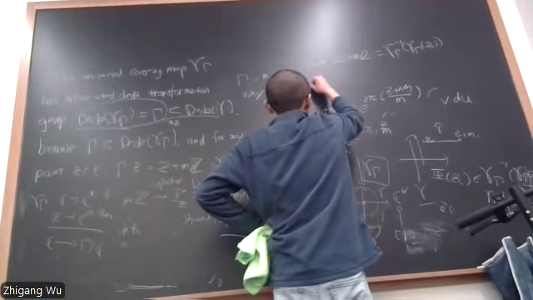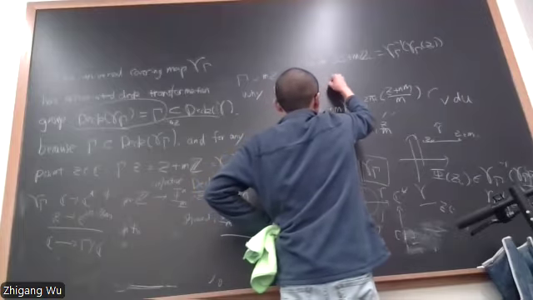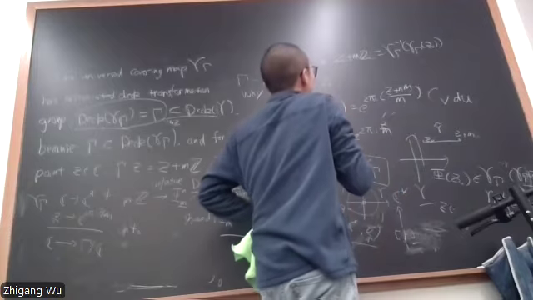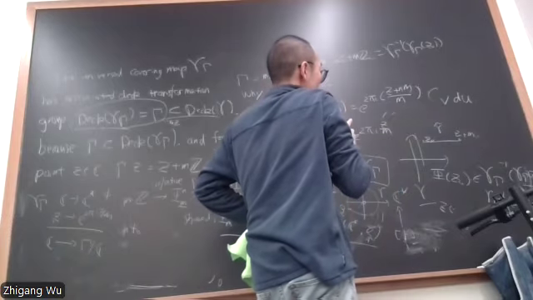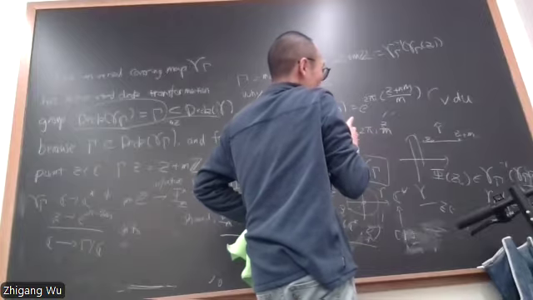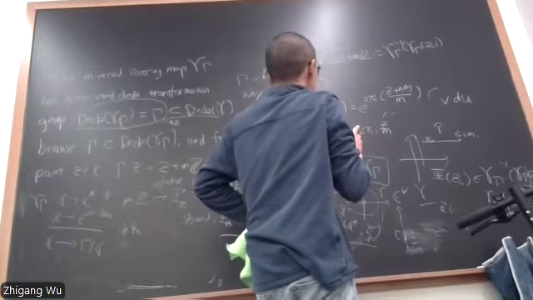So for any z, I think the left hand side is trivial.